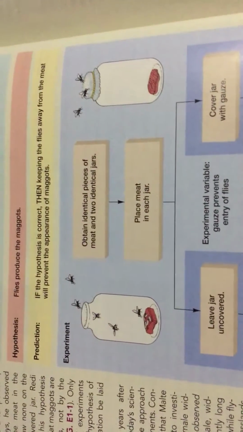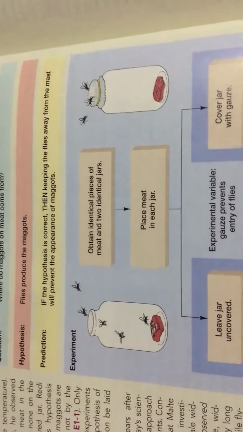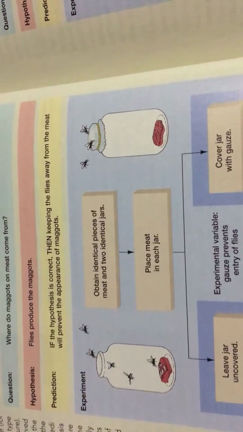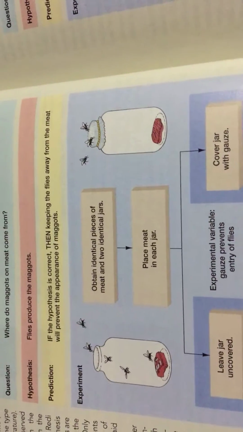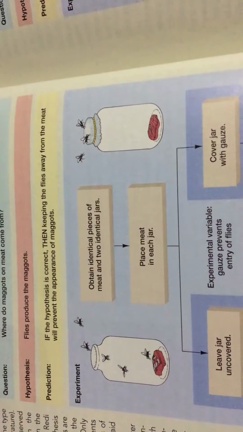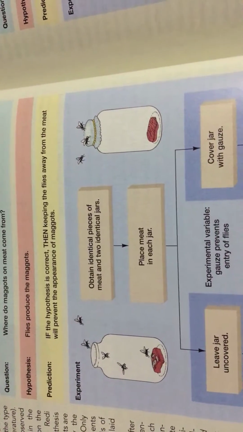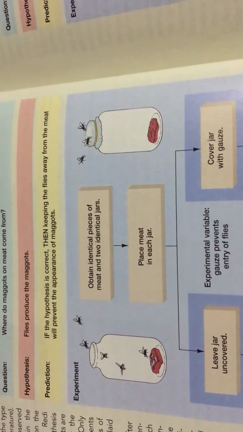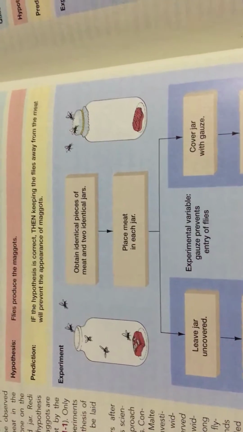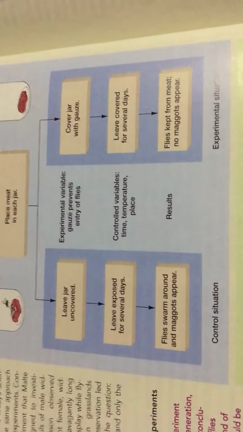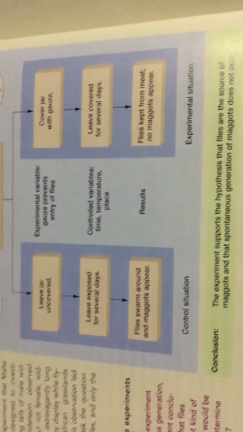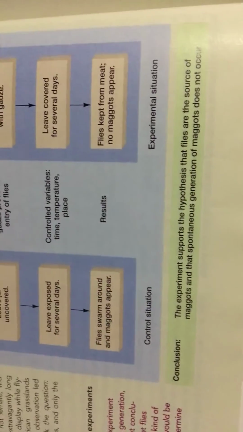One jar is left uncovered with meat, and flies can go in and produce maggots. But on the right, there's a jar that is kind of sealed. It's supposed to be a mesh that's over the top where the flies can smell the meat, but they can't get in, and therefore no maggots. So here's the experiment that was done, and the conclusion, which I basically said earlier.